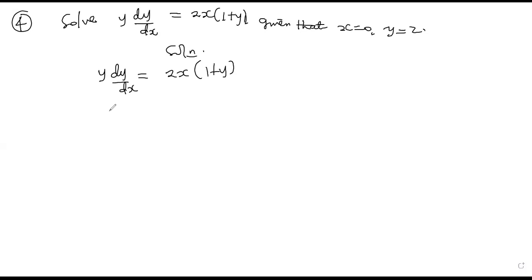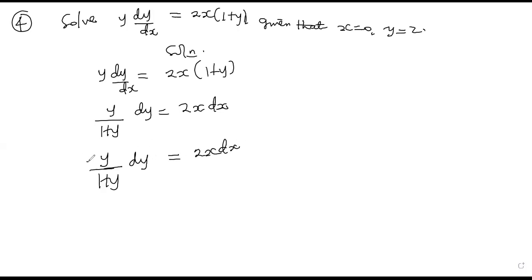So bring the ones of y this side. So we shall have y over 1 plus y dy is equal to 2x dx. So at this point, we can integrate, and we shall have the integral of y over 1 plus y dy is equal to the integral of 2x dx.